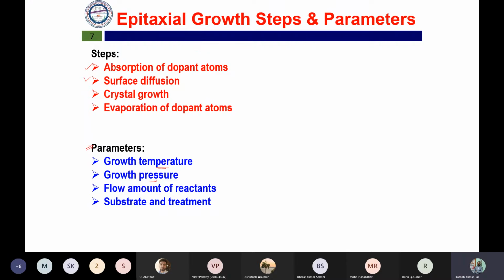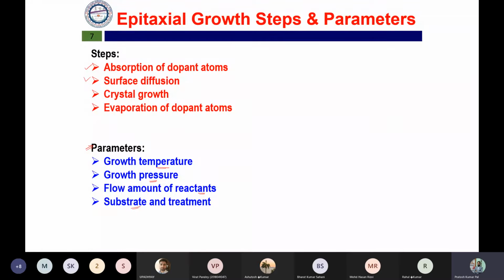So what amount of reactants or dopant we are flowing is also one of the parameters for better epitaxial growth. And also the substrate and the treatment. What type of substrate is there, with respect to that, what type of gas flow should be there. These are the parameters we should keep in mind while growing an epitaxial layer.